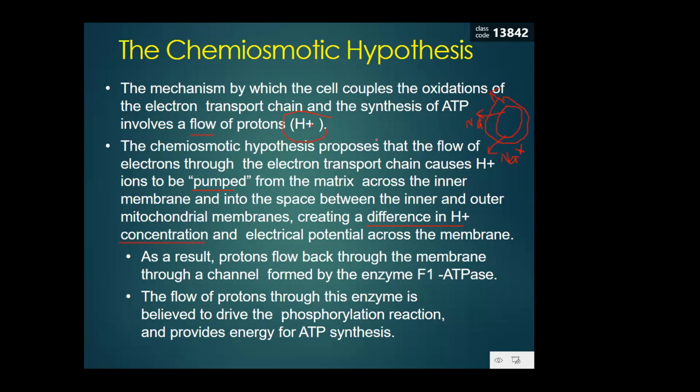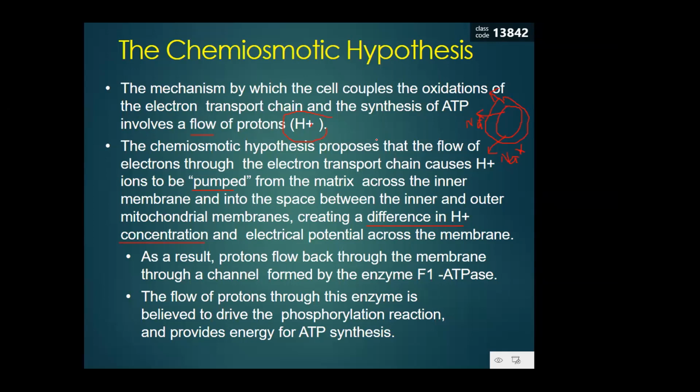Therefore, that difference in concentration, anong gagawin nila? Magfo-flow. Parang dun din sa egg natin, nagfo-flow yung water. So dito naman sa ating membrane, sa ating cristae and matrix, nagfo-flow siya through that process.